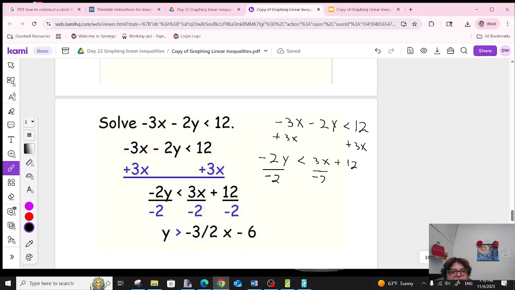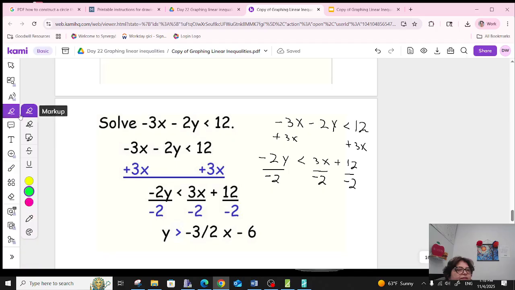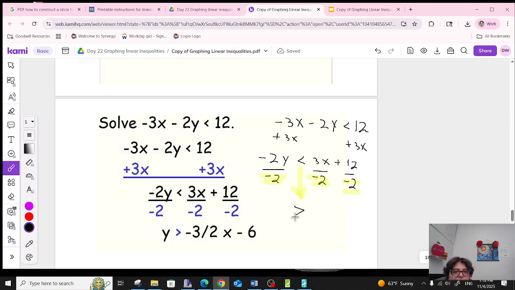Whenever you divide across an inequality by a negative, this is negative. That means this inequality needs to be flipped. Remember that back in the day? So beep, beep, beep. Yep. So then I'd write this as y greater than 3 over 2.